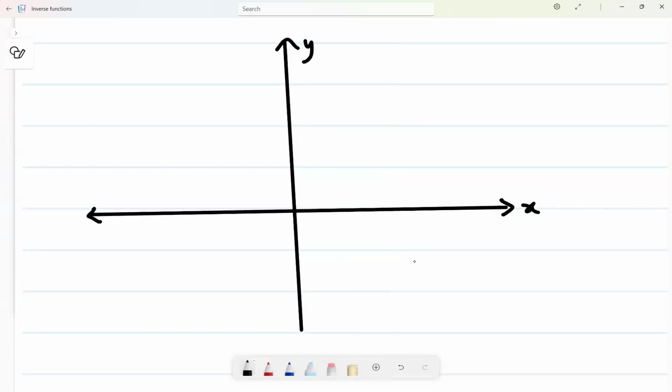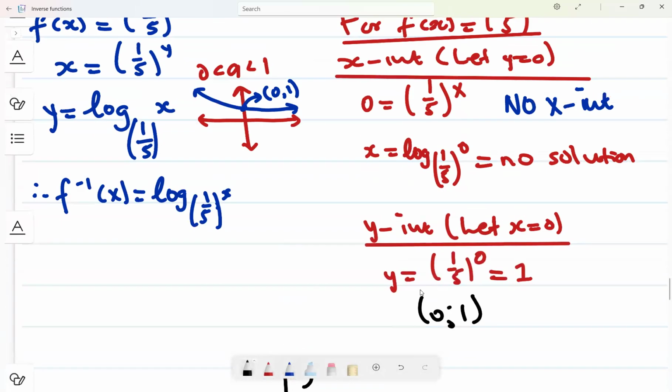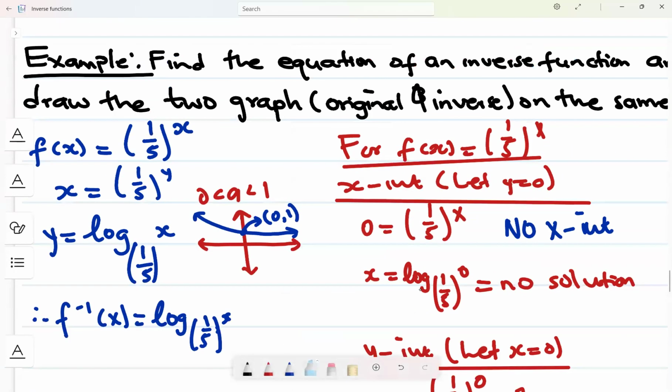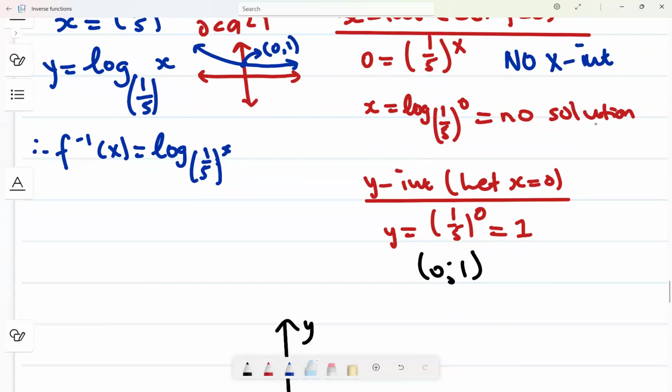x and y. Remember, f of x is 1 divided by 5 to the power of x. So it is a decreasing function. Why? Because I know the value of a is between 0 and 1. You need to know this. You do inverse functions after doing functions. So if it is a decreasing function like that, can you see it has no x-intercept?